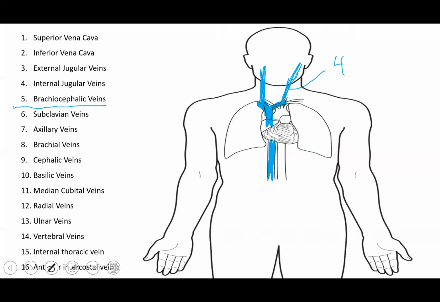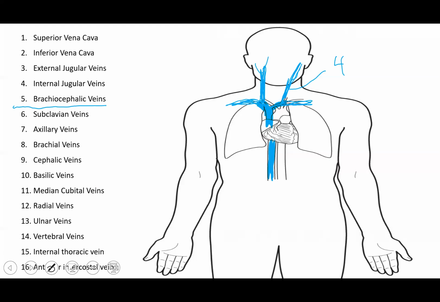Unlike in the arteries, the internal and external jugular veins are actually branches off of these larger vessels down here in the thoracic cavity, as opposed to being branches up here.